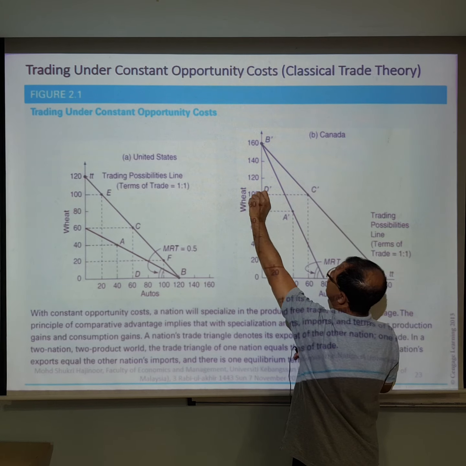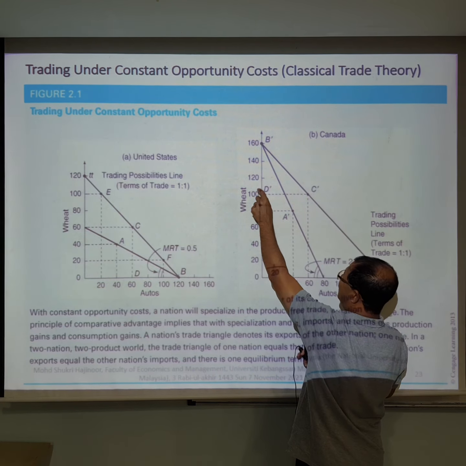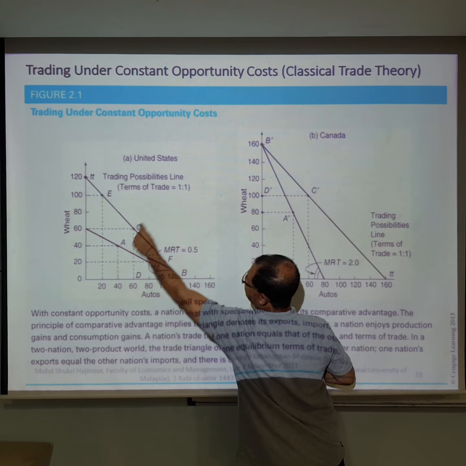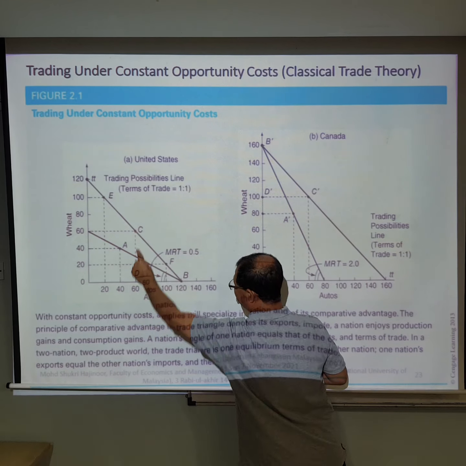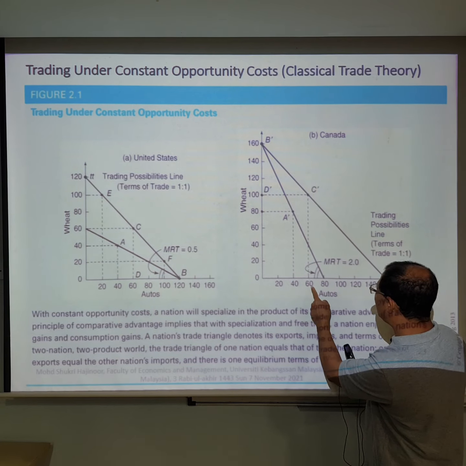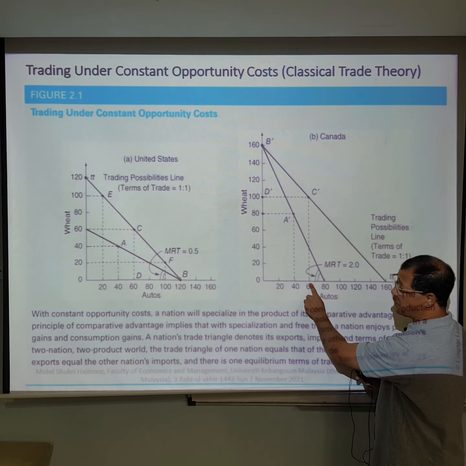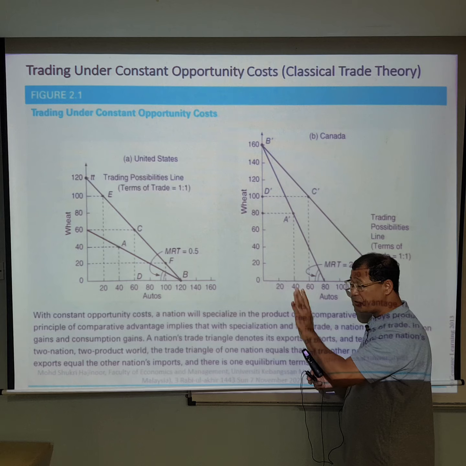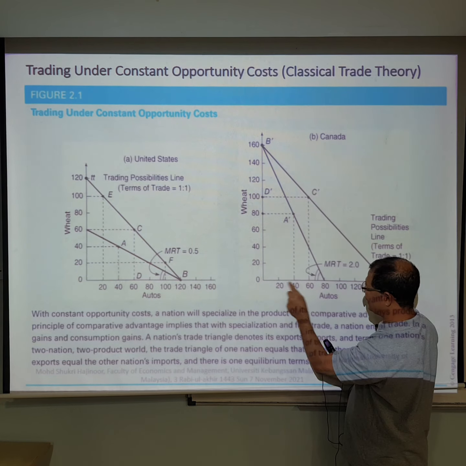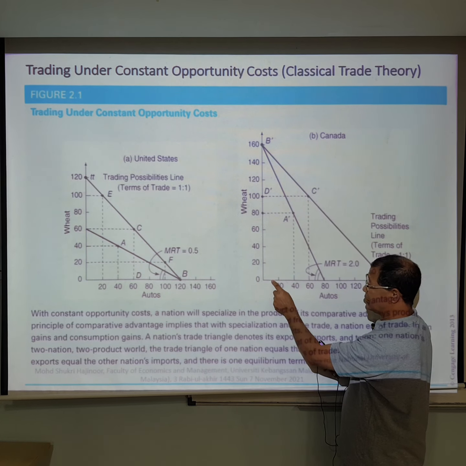So this 60 is export of Canada, of wheat, which is here, the amount of import by America. At the same time, Canada consumes 60 of automobile, but Canada produces nothing, no automobile. So this 60 must come from imports from United States.